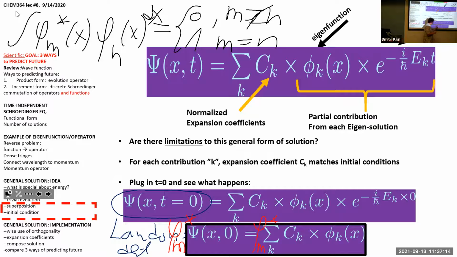So by performing this product and then integrating it, it will give me either 0 or 1. And this 0 or 1 will be different each time, depending on the values of m and k. So I hope very much that this trick will help me to convert one equation into a series of equations that will help to find this C sub k. Make sense? Okay.